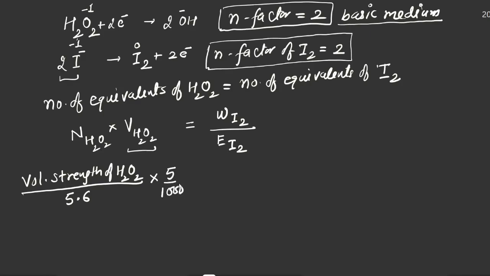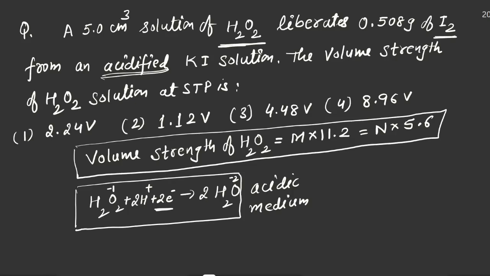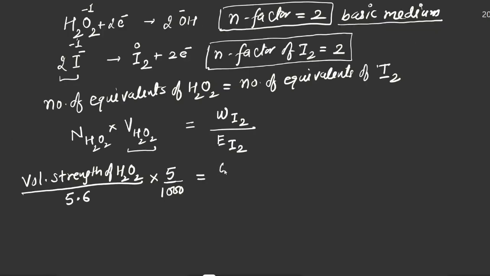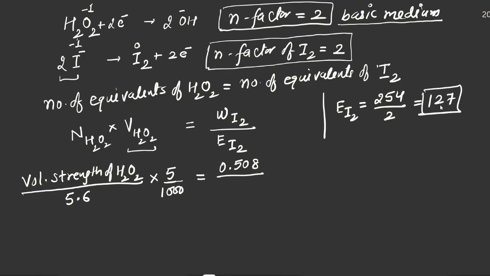So in liter it should be 5/1000. Weight of I2 is given, that is 0.508 divided by, what is equivalent weight of I2? Actually, it is 127 divided by 2. So it is 127 only. So equivalent weight is 127.